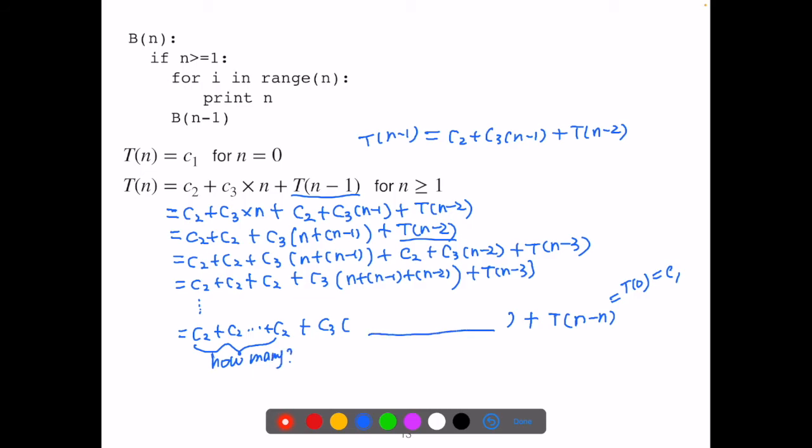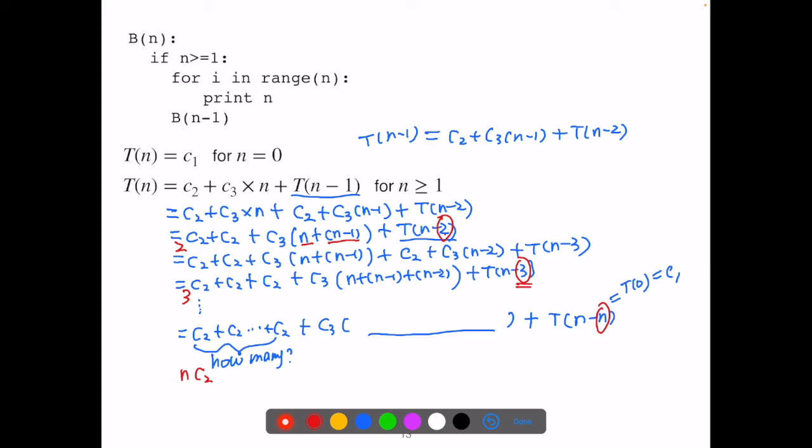And what's here? Let's check the pattern. When we have 2 here, we have 2 C2. When we have 3 here, we have 3 C2. So when we have n here, we have n C2. What about this term? When we have 2 here, we have 2 terms, from n to n minus 1.